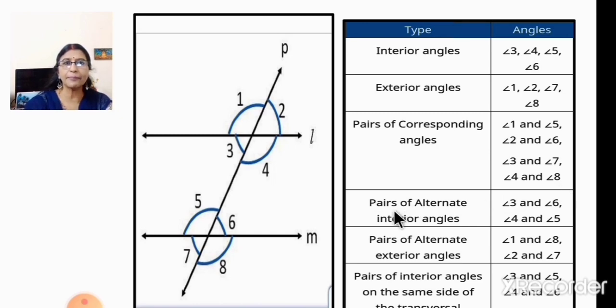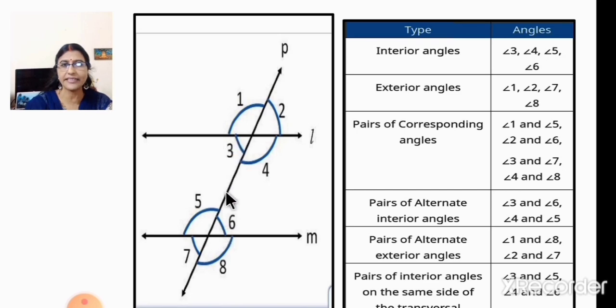Then we have learned about pairs of alternate interior angles. We have learned just now interior angles, angle 3, angle 4, angle 5 and angle 6 are interior angles. Now which of them are alternate interior angles? You can see here angle 3 is on left side of the transversal and angle 6 is on the right side, and they are alternate.